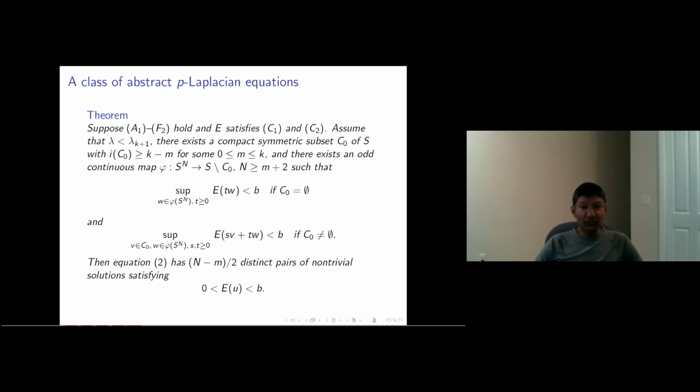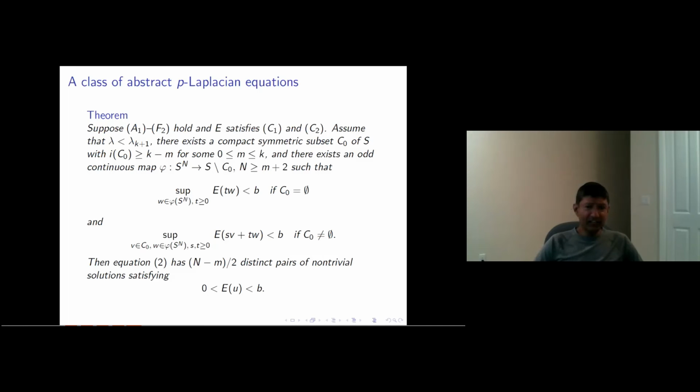And if C0 is non-empty, take the set of all line segments through points in C0 and phi of S^n, and take the supremum of E on those line segments, and that's assumed to be smaller than B. Then the conclusion is that our operator equation has (n minus m) over 2 distinct pairs of non-trivial solutions with energies between 0 and B.